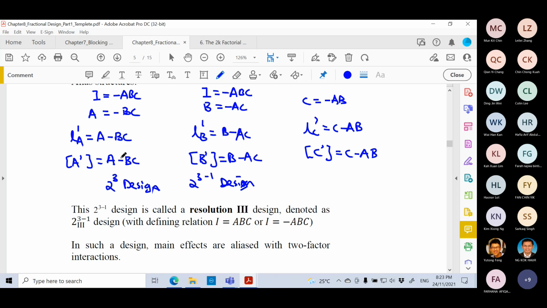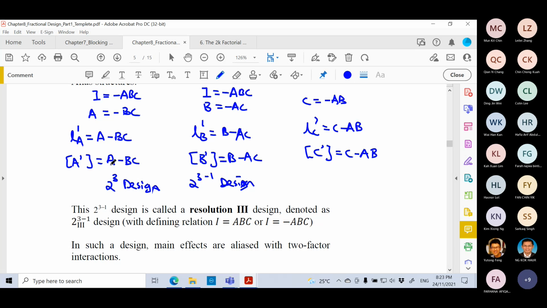In the alias structure you can see that factor A and factor BC are together. When you estimate the complement of factor A, you are actually estimating A together with BC. Therefore, for factor A you cannot differentiate where it comes from.